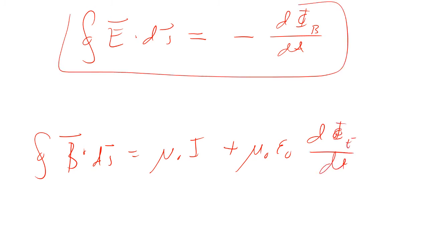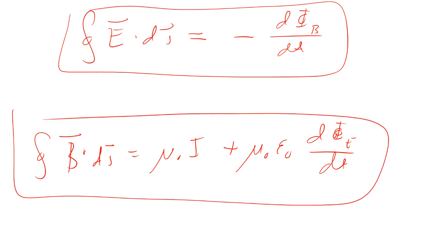And now we have a symmetry between the two. We have the integral of the field dot ds is equal to some constant times the rate of change of flux of the other field. So the electric field dot ds, integral of that is minus 1, the constant, times the rate of change of magnetic flux. Integral B dot ds is going to be proportional to mu naught epsilon naught, those are both constants, times the rate of change of the electric flux, plus mu naught I.